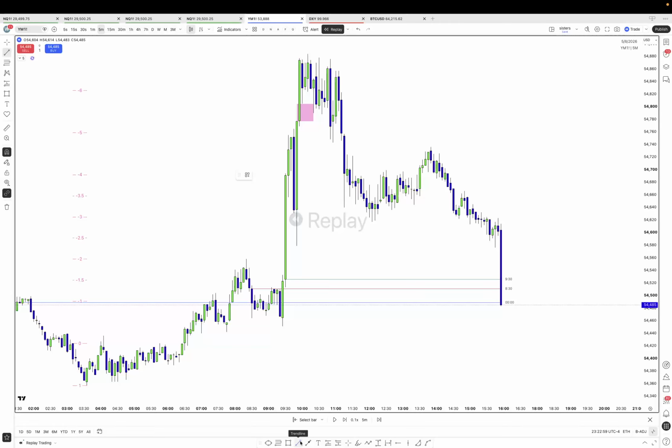I don't particularly look at OBs, but this is an OB, down close candle, and then we expand upwards after hitting the fair value gap. We have a 5-minute OB failing to push price lower because price comes into it, pushes out, it does not create a new high.